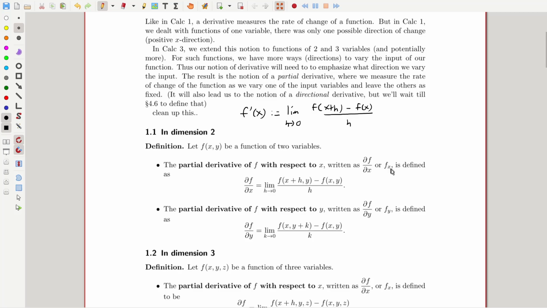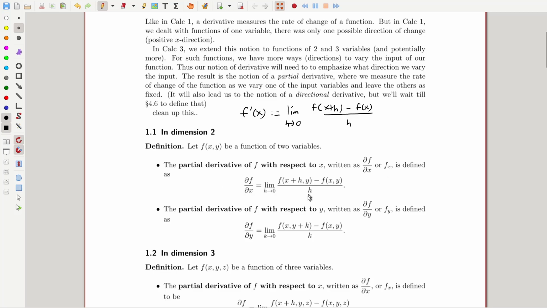This subscript is saying we're taking the x derivative of the function f, or the y derivative of the function f. I don't think that this notation was ever used in Calc 1. We normally just used primes, but here the function f might have more than one variable, so we have to specify which variable we're taking the derivative with respect to.